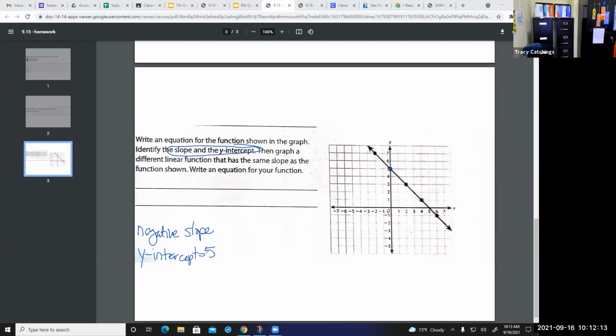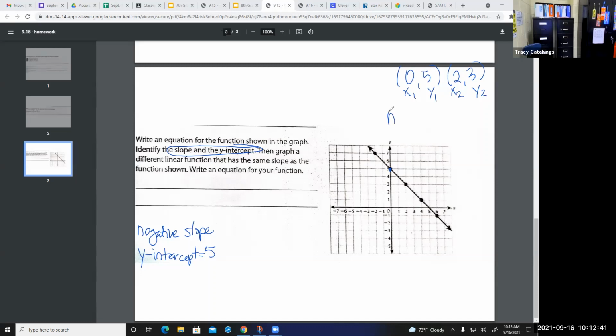What else can we do to get the equation of that line? Okay, so we know it's negative. So your 2 points, what 2 points are we going with? 0, 5, and somebody said 2, 3. We can label x1, y1, x2, y2. It just depends on which one you had first and second.